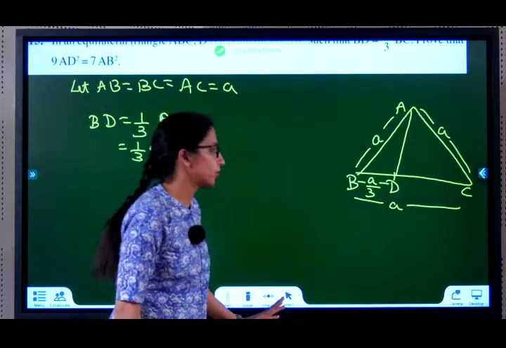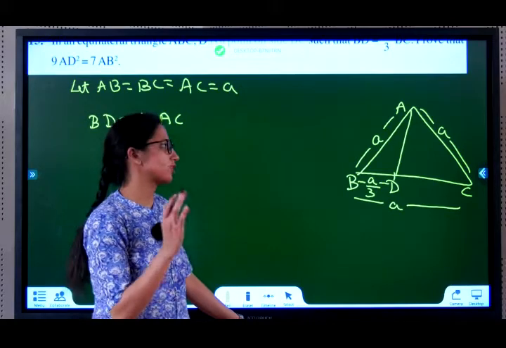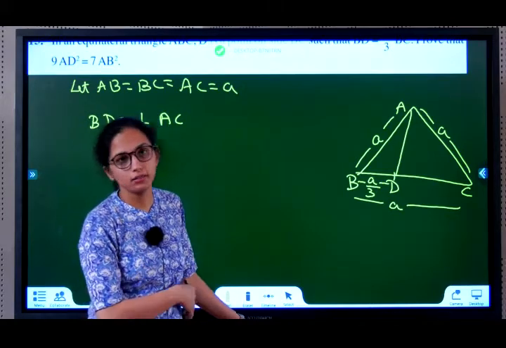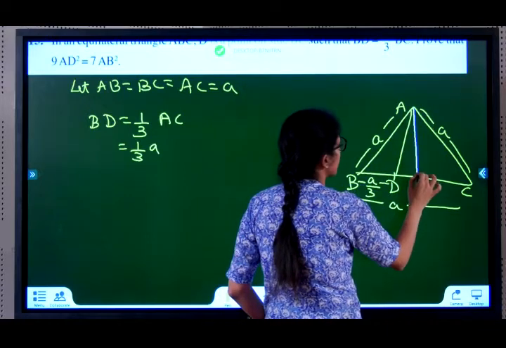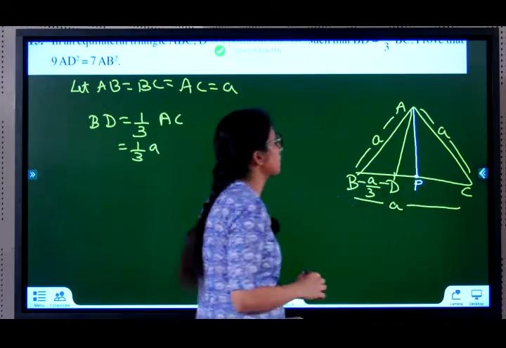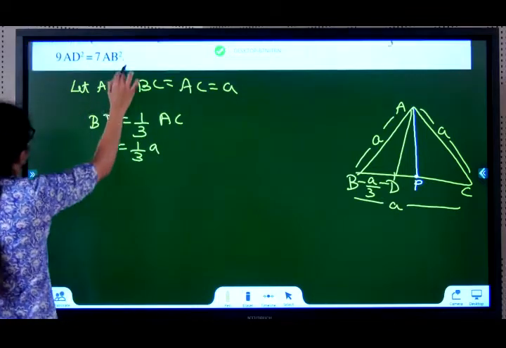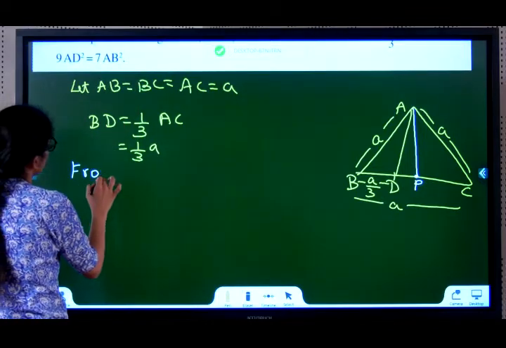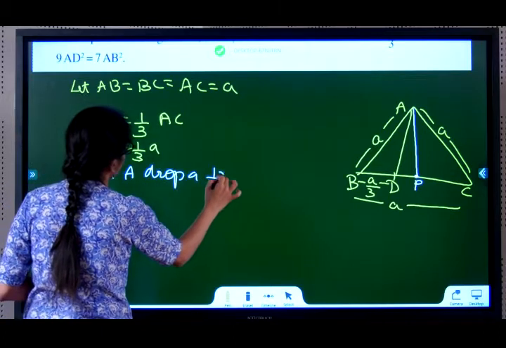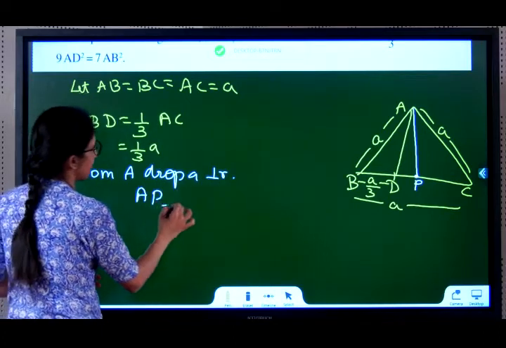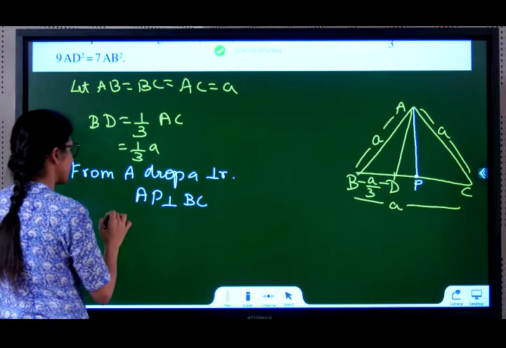Now in order to do that, to get squares you need a right angle triangle. So from A drop a perpendicular. So AP becomes perpendicular to BC.